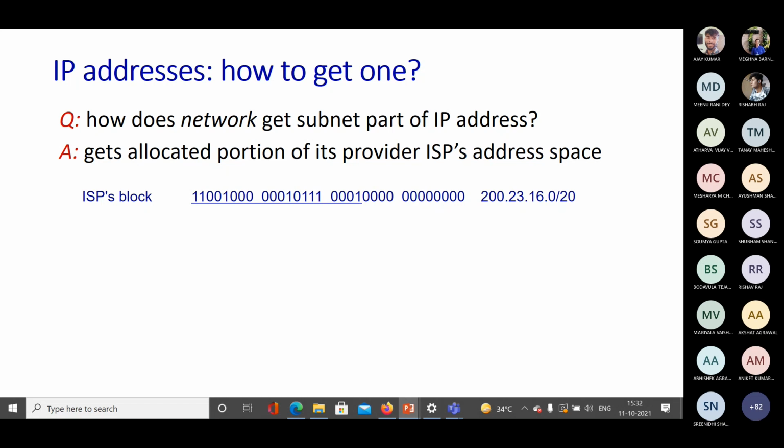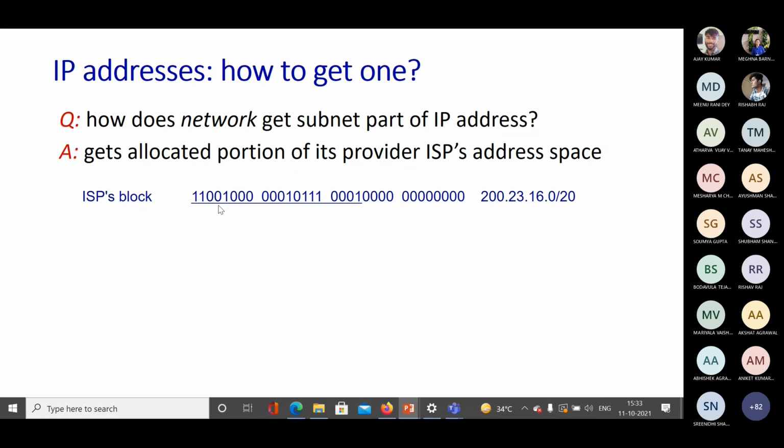Who decides how much of these higher order bits will be the subnet address, and which ones of them? That is what we are going to study here.